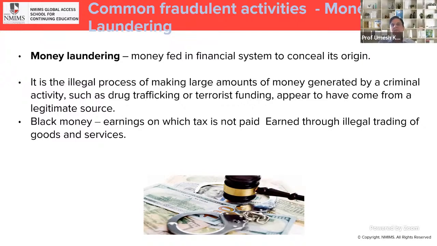It's basically unaccounted earnings that pass from one person to another, or from one identity to another, and there is illegal trading activity. That's how illegal business activity happens as a result of this kind of benefit that people take out, and that is money laundering.